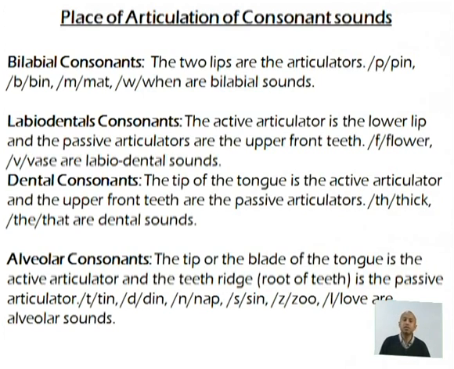Then we have labiodental consonants. Labio, we said lips, and dental means the teeth. So labiodental consonants, the active articulator is the lower lip, and the passive articulator is the upper front teeth. Flower, vase.